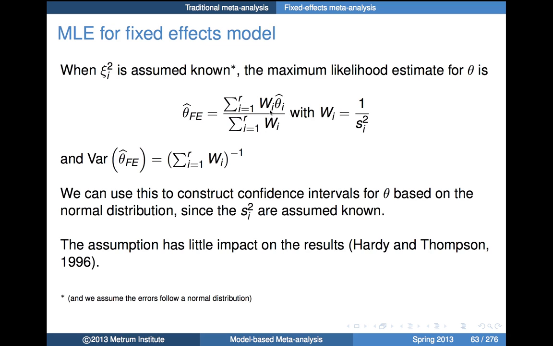In this case, the weight for each study is 1 over Si squared, 1 over the variance of that estimated treatment effect. If you remember from the very beginning, I talked about that weighted average where the weights are equal to the inverse of the variance. That's exactly what this is.